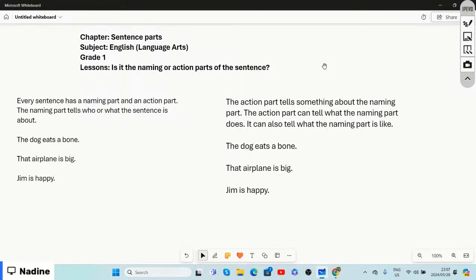So a naming part is like your nouns. It's like naming either people, it's naming things, it's naming animals. That is a naming part.